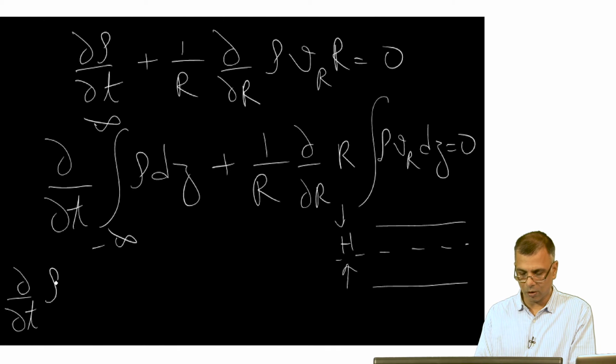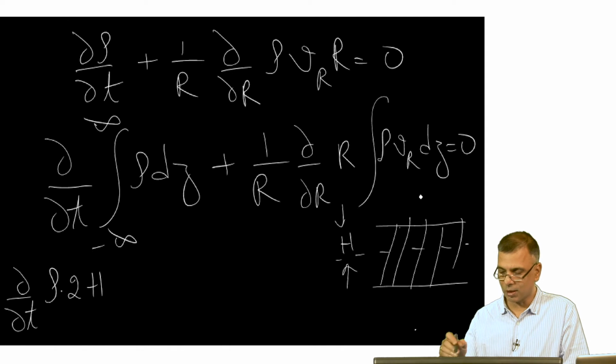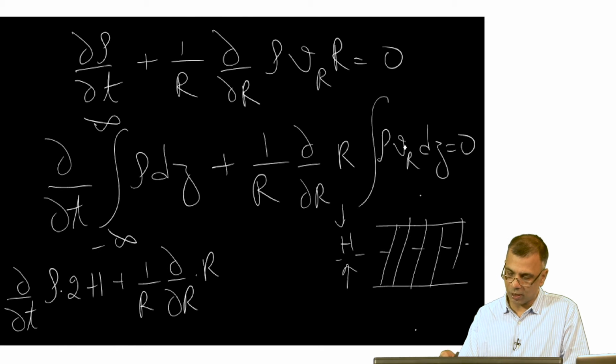rho times 2h. So because there is no vertical structure, I can pull the rho out, and the integration of dz from minus infinity to infinity essentially becomes 2h, because there's nothing else. This is the accretion disk, and there's nothing here or there. So this essentially becomes rho times 2h plus 1 over r d over dr r, and I pull both of these, the rho and the Vr.